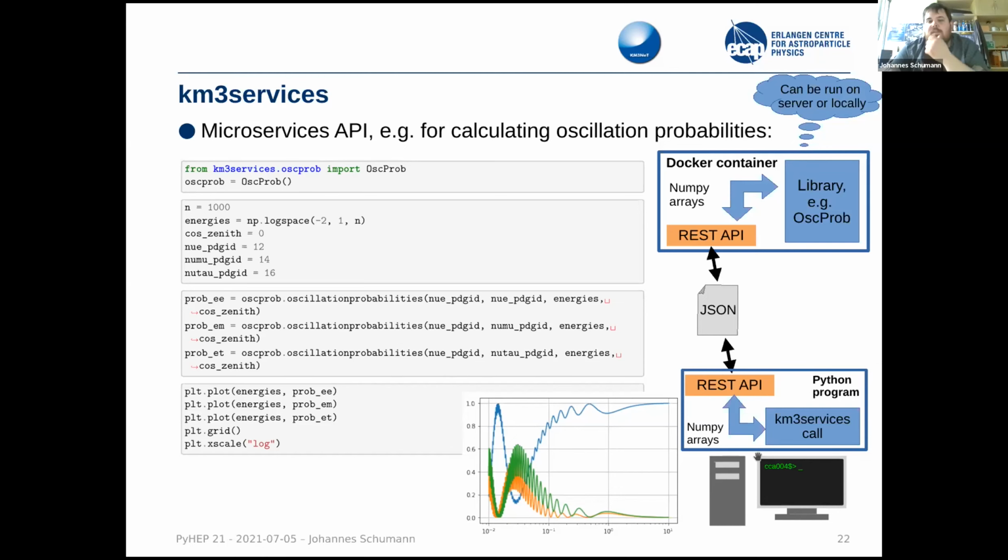Here on the right, you can see how this all works. The communication is done via REST API and JSON format, and the whole microservice is running in a Docker container, converting the information from the REST API to NumPy arrays, and then calling the specific library, in this case OscProb, for neutrino oscillation probabilities.